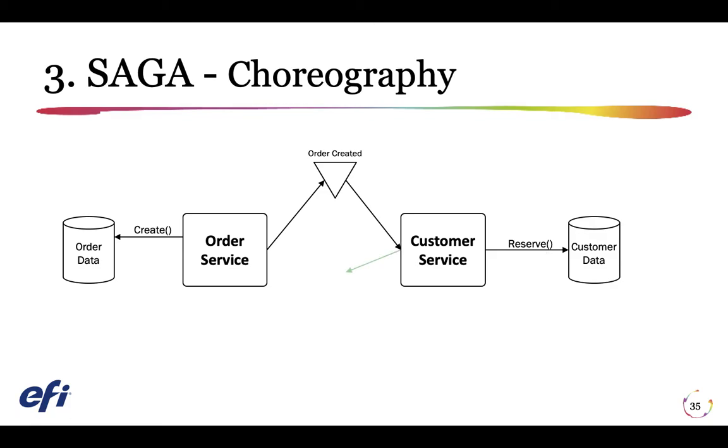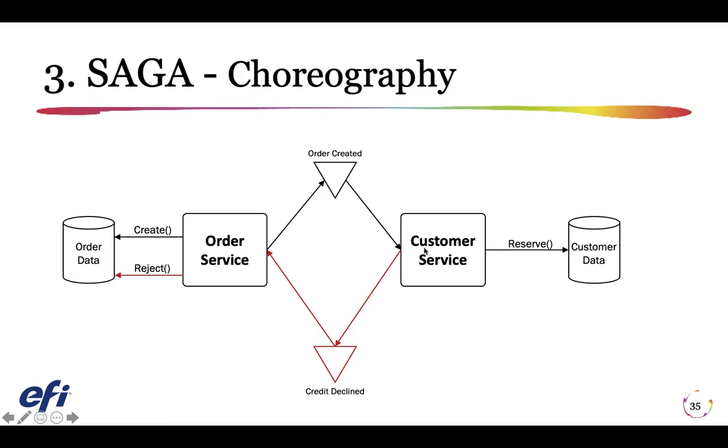If everything goes fine, the customer service emits a credit reserved event, and that is listened to by the order service. On a successful credit reserved event, the order service approves the order which was created before. In case of a failure where the credit limit has been exceeded, the customer service would say credit declined. That event would then go and reject the order which was created.